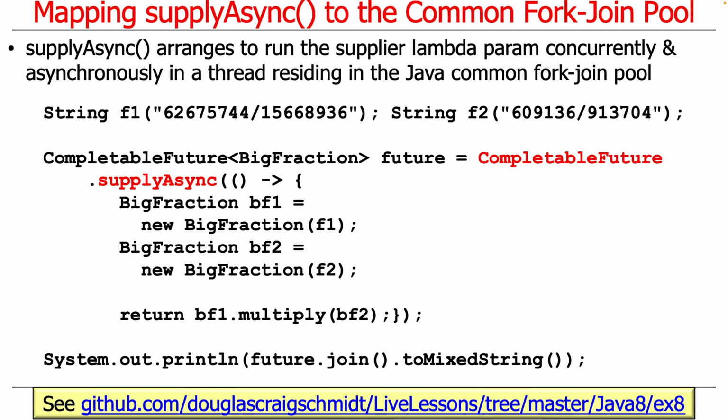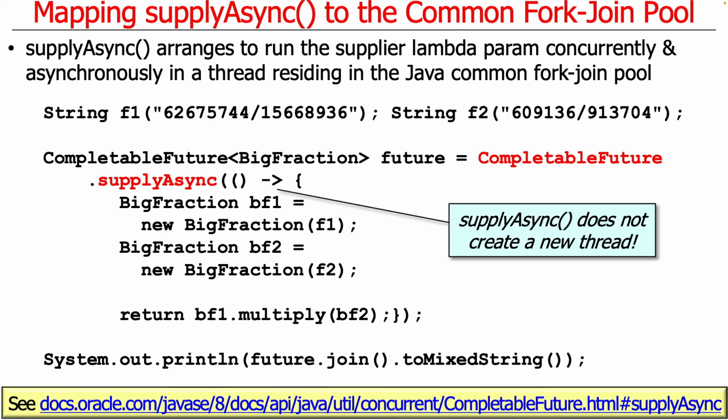So let's talk about how this works. Again, we're going to revert back to the running example we've seen a couple times now where we've got a couple of strings with big fractions, and we're going to call supplyAsync, and we're going to give it a supplier lambda, which comes out of the EX8 project in my Java 8 folder in the LiveLessons GitHub repository. So this is going to run things in the common fork join pool. Notice, first and foremost, we don't have to make a new thread.